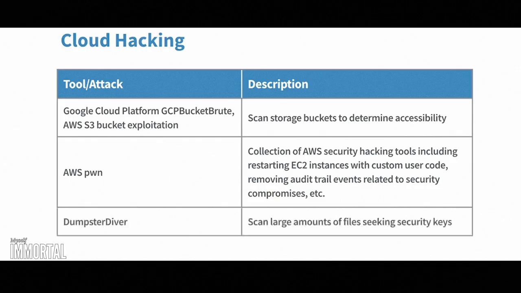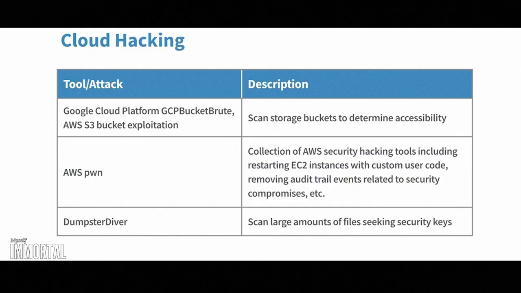There's Dumpster Diver, which is a tool that's used to scan files looking for security keys. What are security keys? Well, let's say in the context of AWS, each user can have their own unique set of security keys that will allow programmatic access to some or all aspects of AWS resources. And so this tool would normally be used when a cloud technician's computer or device has been compromised.